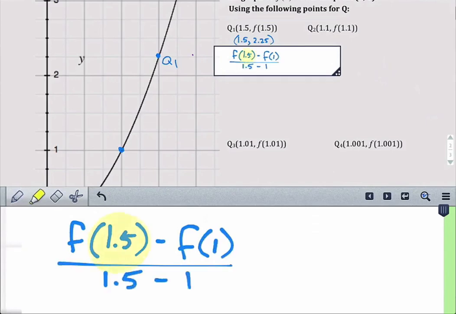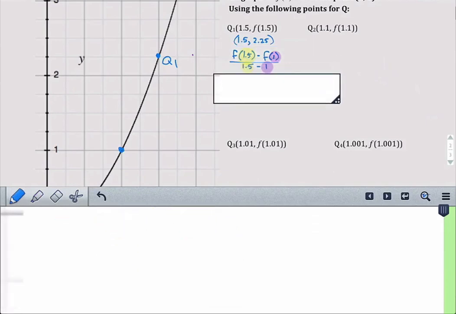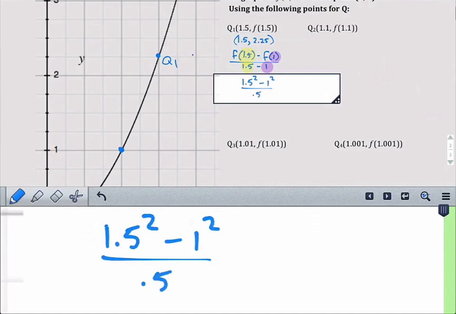This is the x value for Q1, and here's the x value of the point we're trying to find the tangent slope for. f(1.5) is 1.5 squared, f(1) is 1 squared, and 1.5 minus 1 is 0.5. In our calculator, this gives us a slope of 2.5.